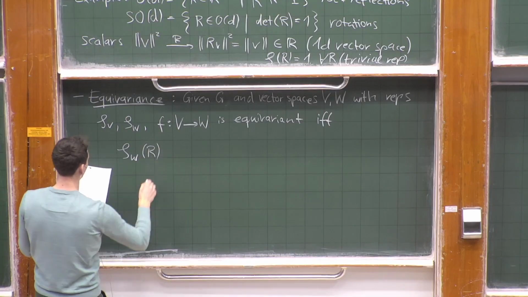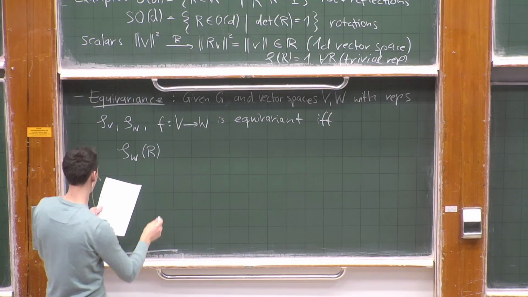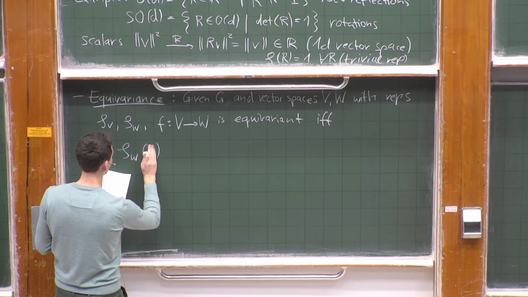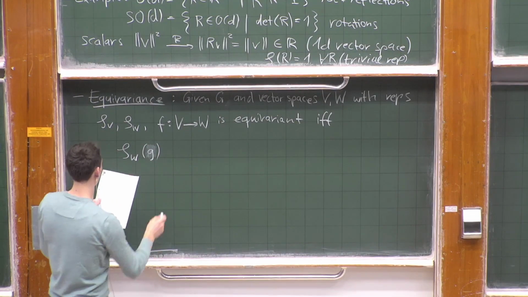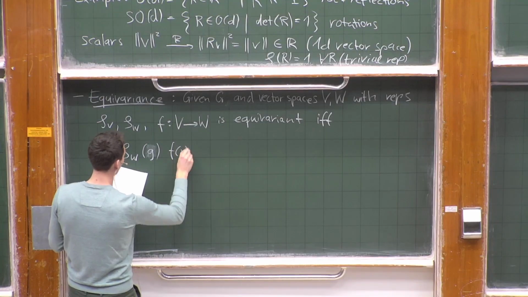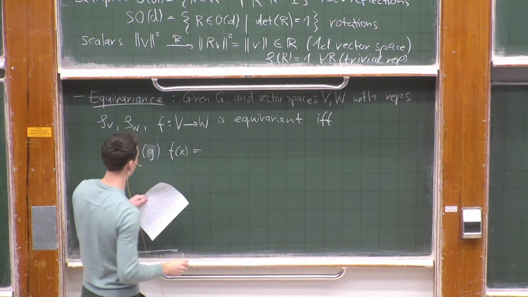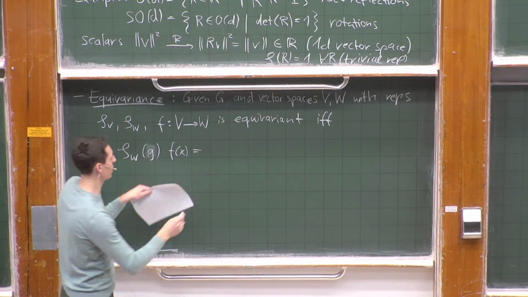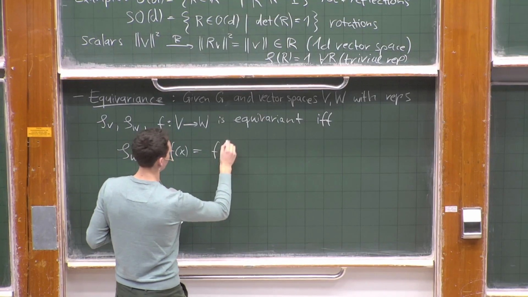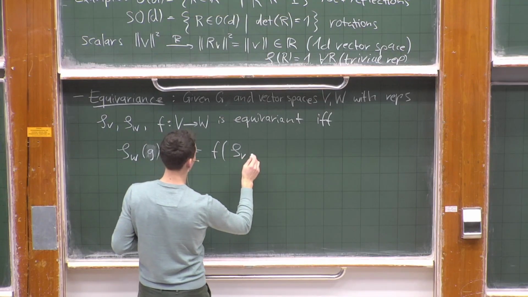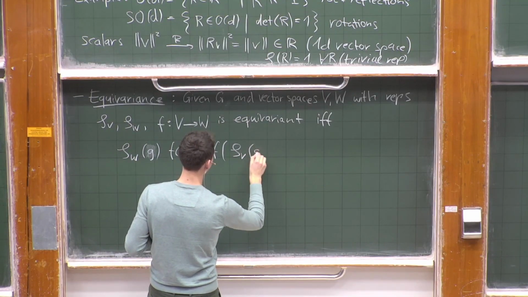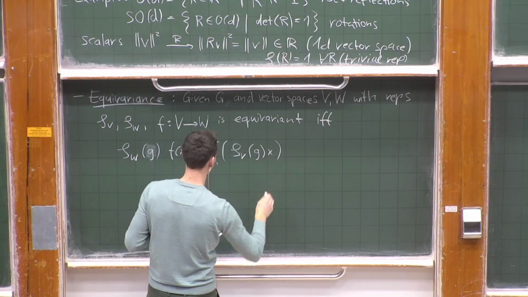if you look at the action of an element from your group, sorry, I'm going to do this more generally here. I'm going to call this element g, and this acts on the output of a function. This should give you exactly the same as if you act on the input of the function, like this.